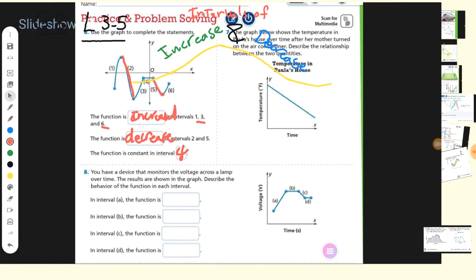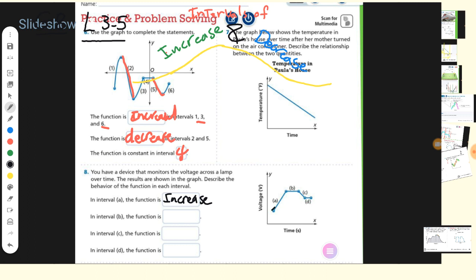You have a device that monitors the voltage across a lamp over time. The results are shown in the graph. Describe the behavior of the function in each interval. Interval A, what is the behavior of the function? Yes, it's increase.